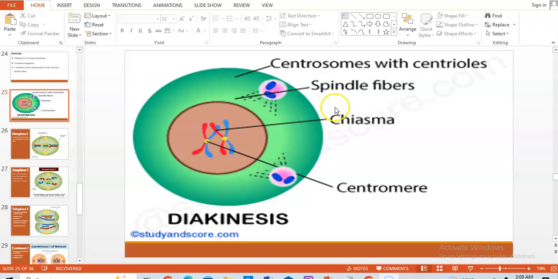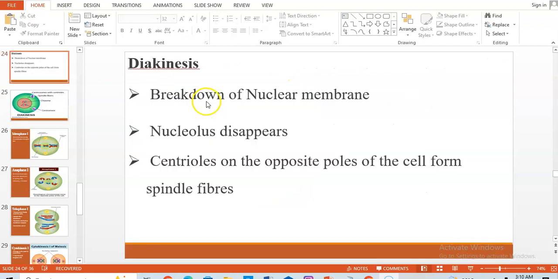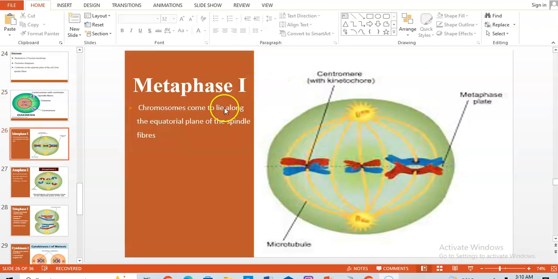Alright, so welcome back. In our last discussion, we talked about diakinesis: the nuclear membrane breaking down, the nucleus disappearing, and the centrioles getting to the opposite poles of the cell. Now we talked about metaphase 1, where the centrioles form the spindle fibers. When the spindle fibers form, what happens?